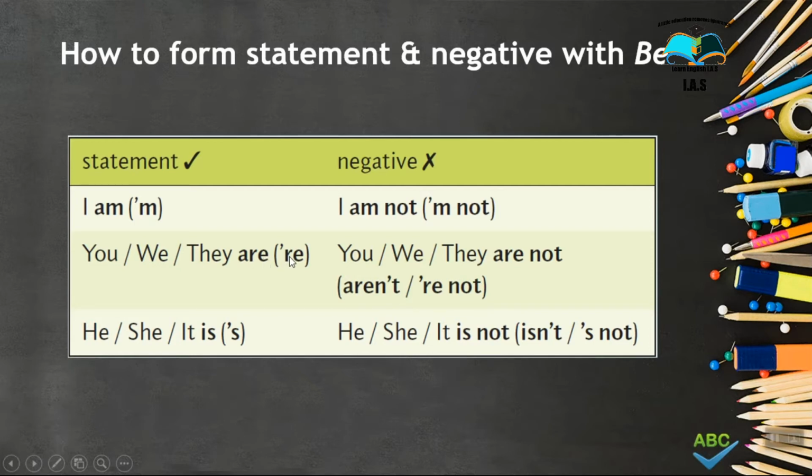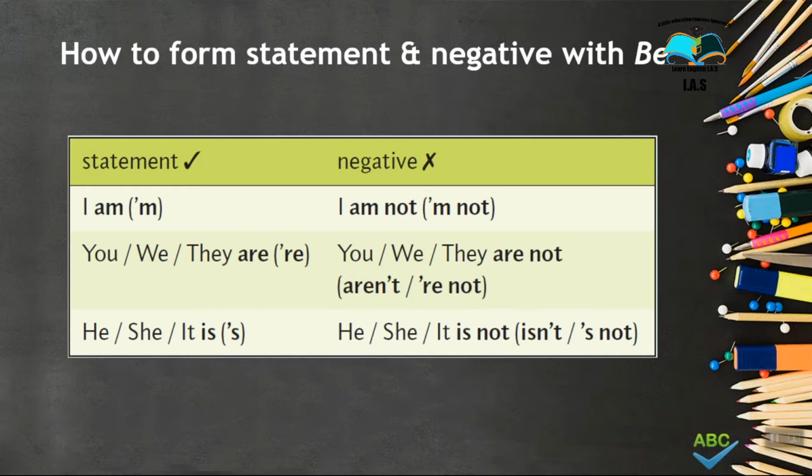For the short form, you have to omit a and use apostrophe plus re, like you're, we're, they're. For the third person, he, she, it, we use apostrophe plus s for the contraction, but the full form is is. For example, he is, she is, or it is.